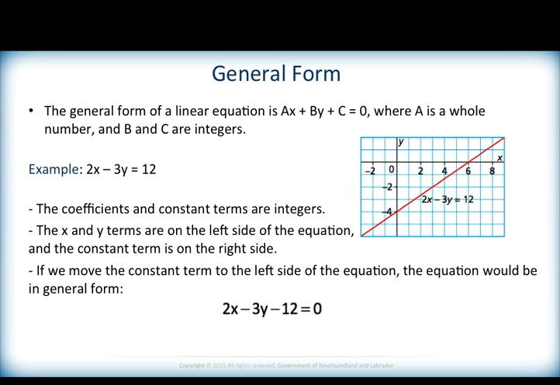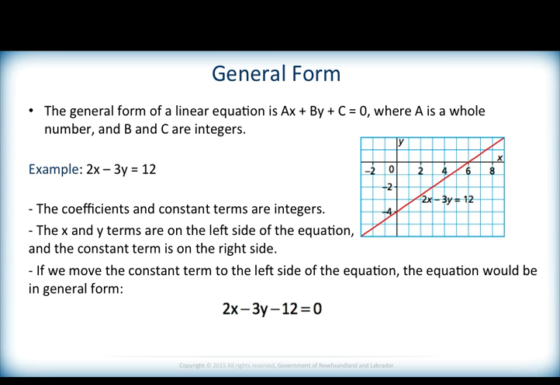So for an example, if you have 2x subtract 3y equals 12, that looks to be very similar to the general form. However, it is not quite there yet. The coefficients and the constant terms are integers. The x and y terms are on the left-hand side of the equation.